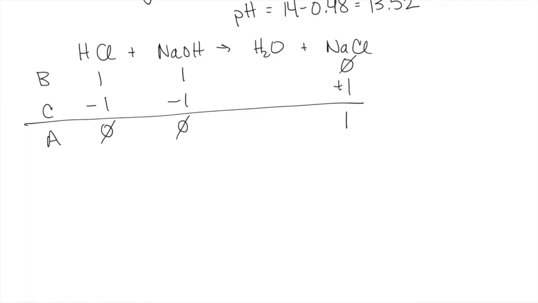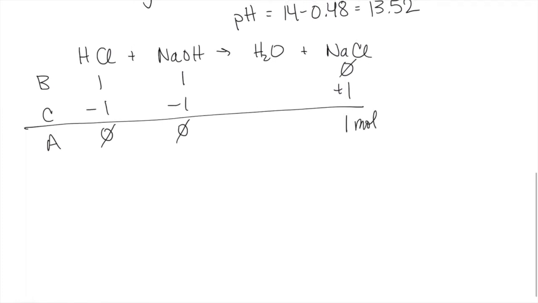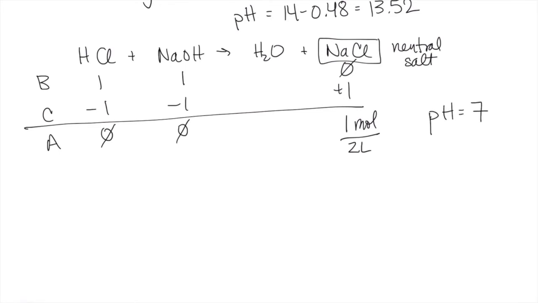In this case, it would be 1 mole of NaCl in 2 liters. But we're going to ask ourselves, what is this thing? It's a neutral salt. In other words, it's not going to affect the pH at all. So my pH equals 7. I don't have to do anything extra or special because my water is not going to be affected by the presence of NaCl.